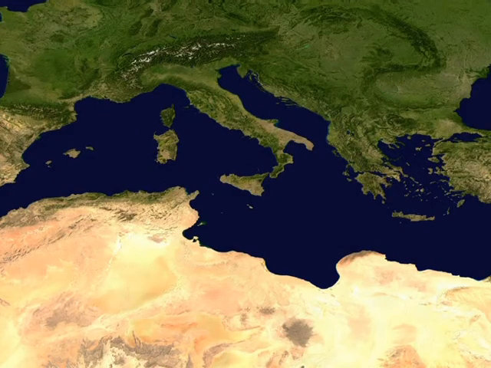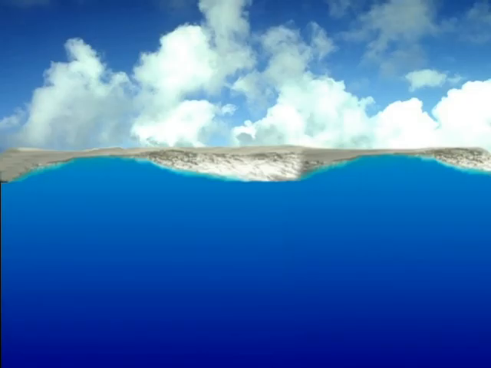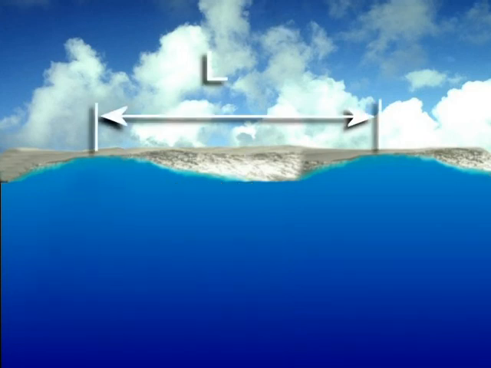The longer the stretch of sea over which the wind blows, known as the fetch, the greater the height of the waves. The features of a wave are its height, the difference between the crest and the trough, and its length, the distance between one crest and the next.